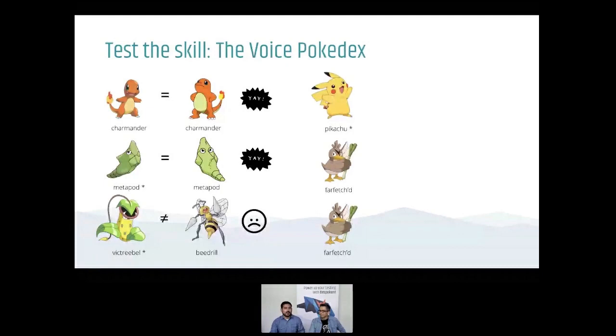And next would be Pikachu. I explicitly removed Pikachu from my interaction model to see what happens, because I think Pikachu is a fairly known name by now. It's part of our popular culture, right? Very common, and it's easy to pronounce. So what do you think is going to happen when I ask for Pikachu? I would say it's going to be recognized, of course. I would have thought the same. However, what I got was Pikachu with an accent, an accent that we call a tilde here in Peru.